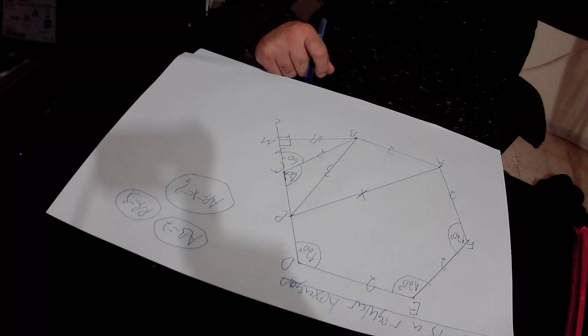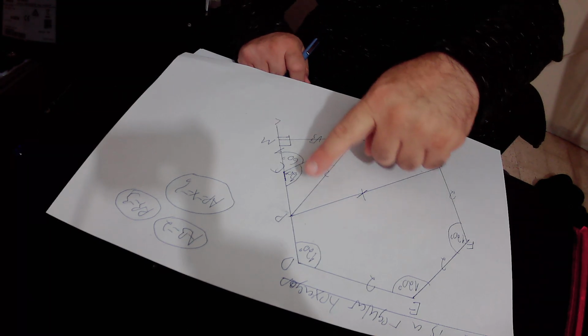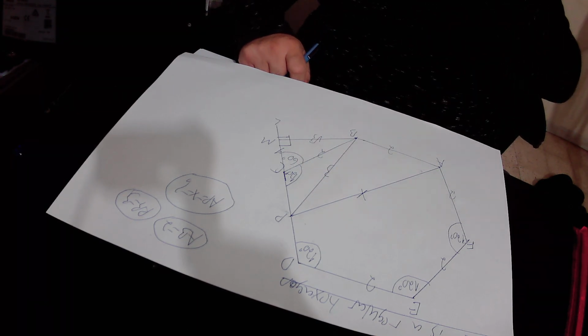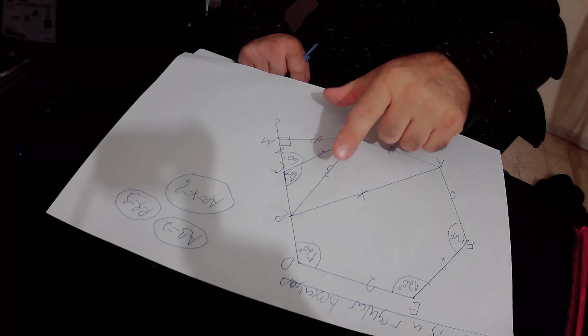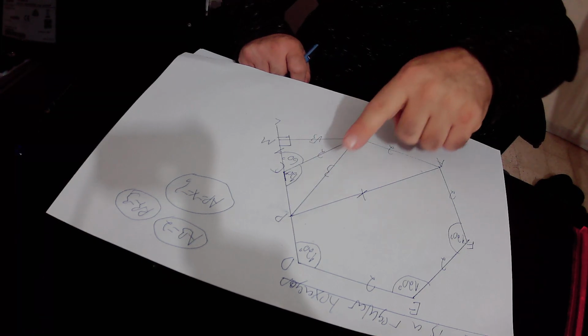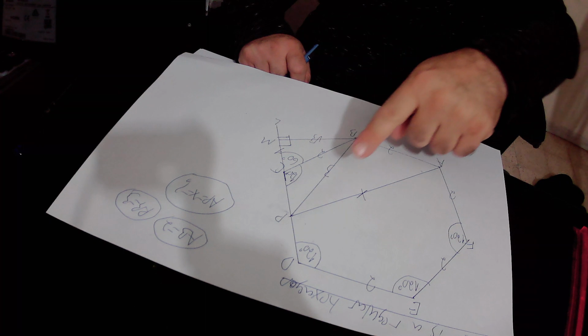In the next step, we'll focus on the right triangle PMB. Side PM equals PC plus CM.